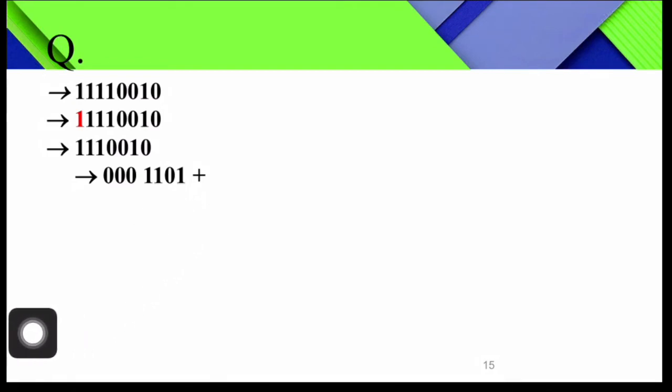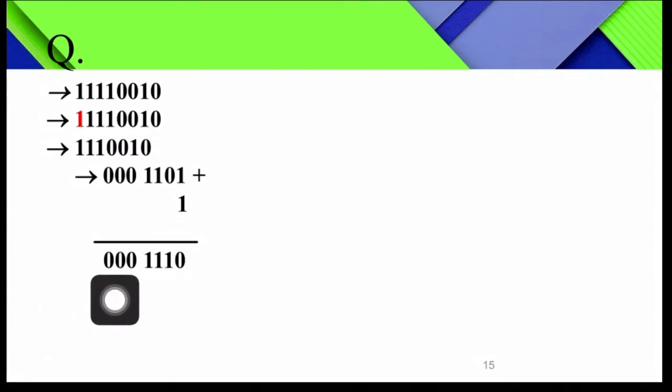Then by adding 1 to it, we get the binary representation of the number as 0001110. So this is the binary representation of the magnitude. Now can anyone tell me the decimal equivalent of this binary number? It is nothing but 14. Then by appending this sign we get it as -14.